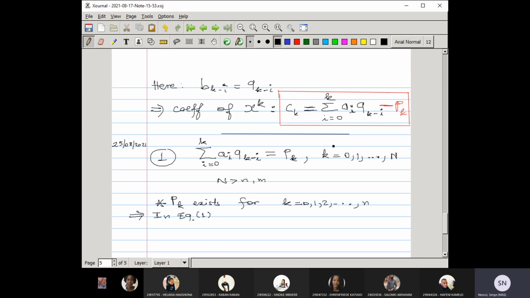So this remark implies that in equation 1, when we vary k, once k exceeds n, that is for k equal to n plus 1 up to capital N, we will still have pk in the formula, but those are set to 0.